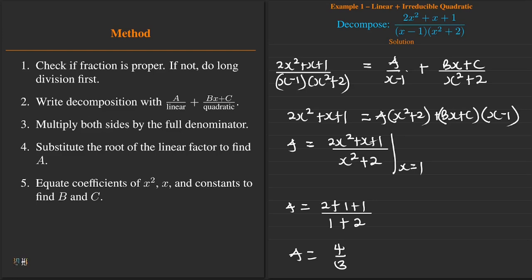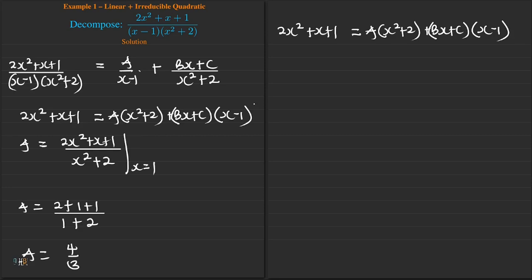Now, there is no way we can use the cover-up method to get the subsequent constants. Hence, we'll need to expand. You could have as well used the substitution. So expanding from this particular line, we have 2x squared plus x plus 1, which would then give us, multiplying A by x squared gives us Ax squared.